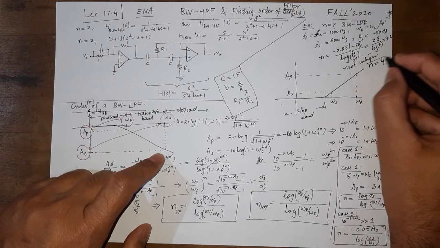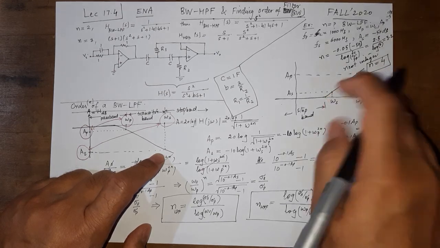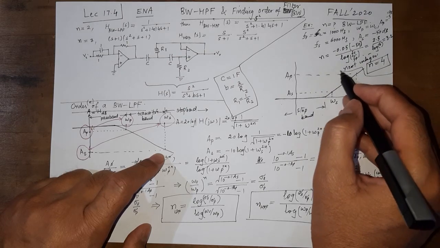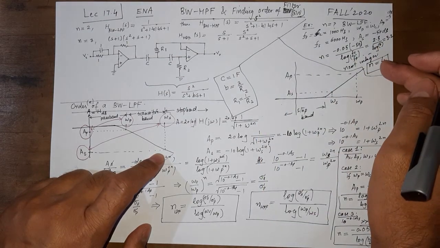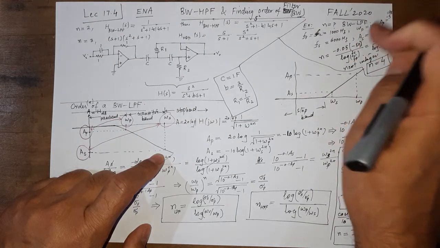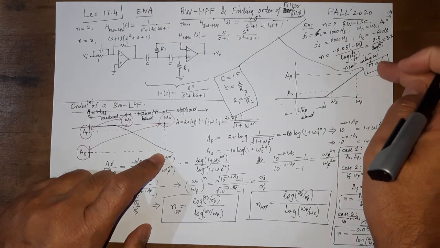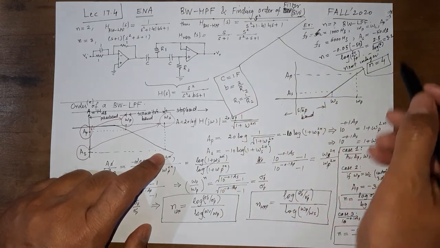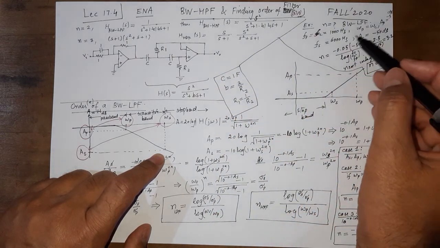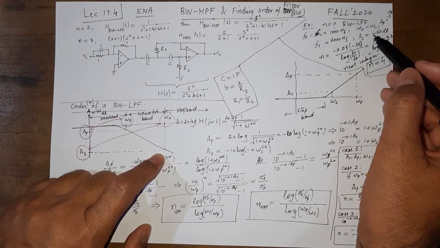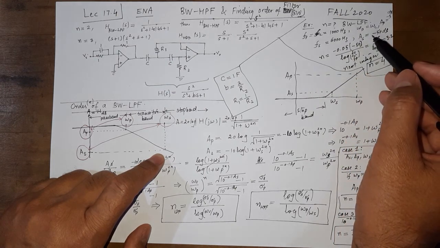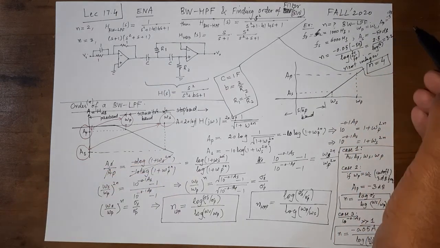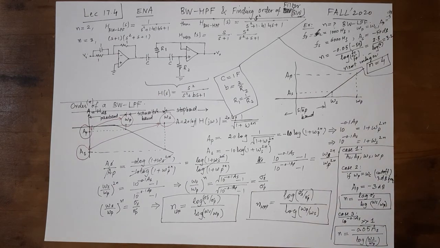So if we implement a filter of fourth order, then these specs will be met, because this filter has a higher rate of fall in the transition band, and therefore the spec that the gain at 6000 hertz should at least be minus 50 dB will be obtained.